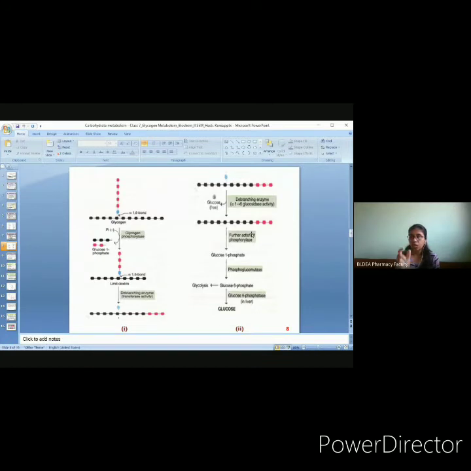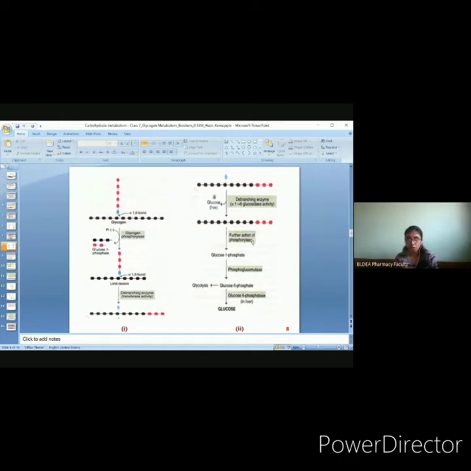Now those individual glucose molecules will be added with phosphate groups, resulting in the synthesis of glucose 1-phosphate. At the first position, phosphates are added. Now these 1-phosphate molecules undergo isomerization, meaning there is a shift of phosphate from the first position to the sixth position, resulting in the synthesis of glucose 6-phosphate.